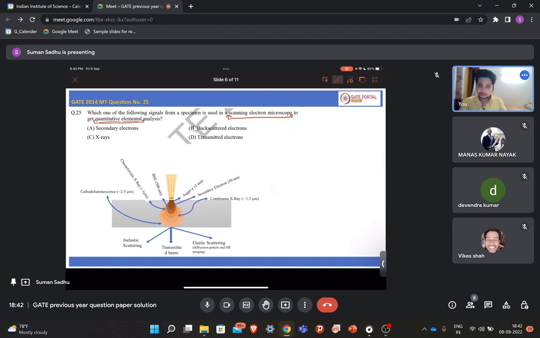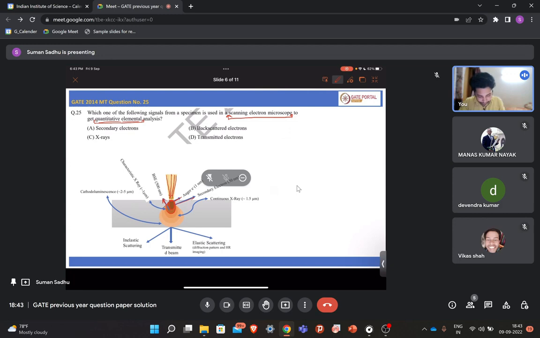This diagram shows the different signals that are generated. These are the beam electrons when they fall on the sample and interact. From this small layer Auger electrons are generated, then up to this layer secondary electrons are generated, then up to this layer backscattered electrons are generated.